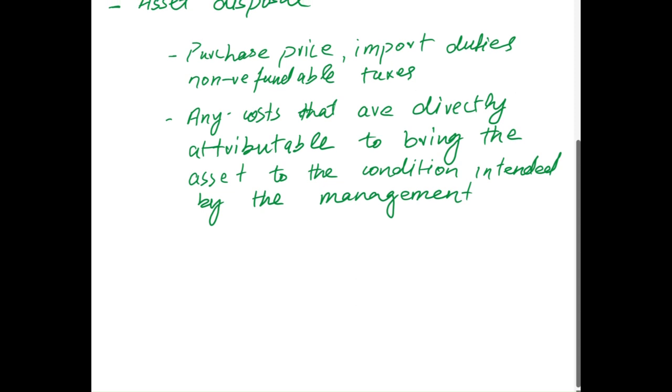So examples of these directly attributable costs are if you paid delivery costs. You buy an asset from China and then you pay freight on it. That gets included. You get insurance on it.